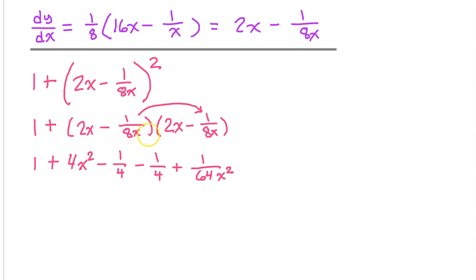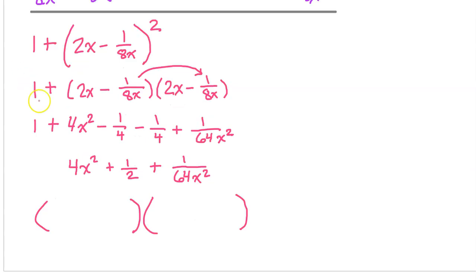And negative 1 over 8x times negative 1 over 8x is positive 1 over 64x squared. Negative 1/4 minus 1/4 is negative 1/2, and then 1 minus 1/2 is positive 1/2. With luck, this trinomial will turn out to be a perfect square, and it will factor as the same binomial twice. So let's shoot for that and just see if it works out.